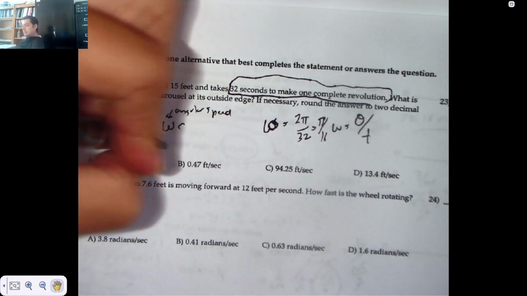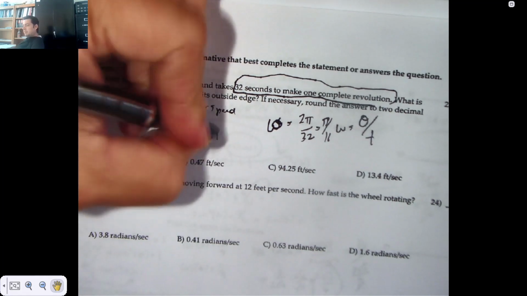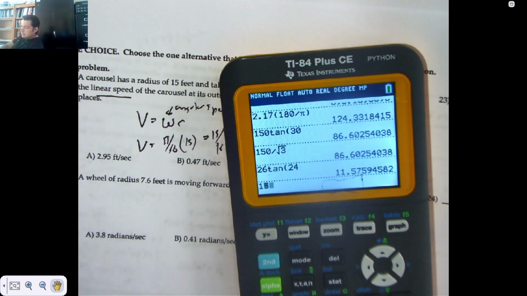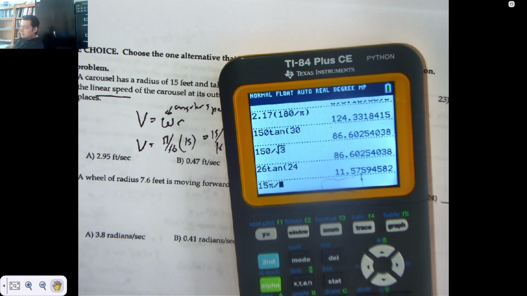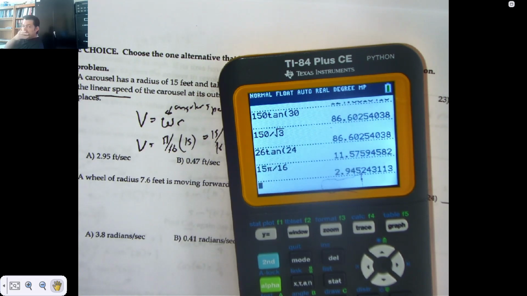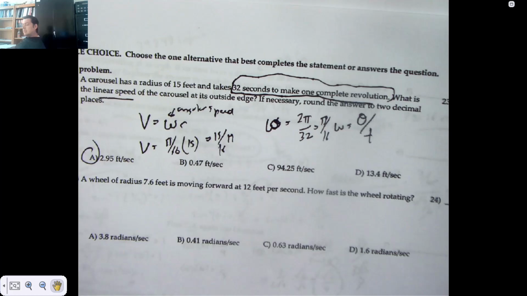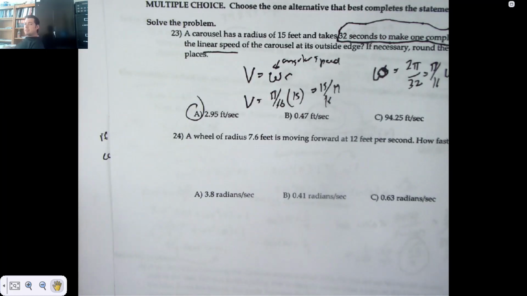So my velocity is pi over 16 times the radius of 15 feet. It's going to be 15 pi over 16. And let's see what that is. 2.945. Choice A.